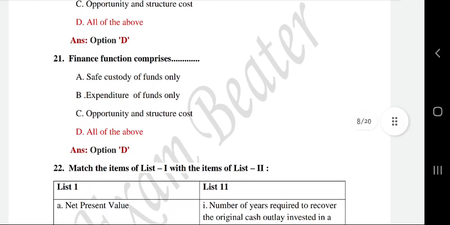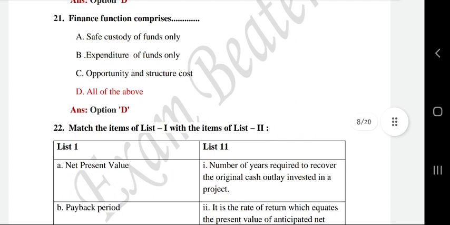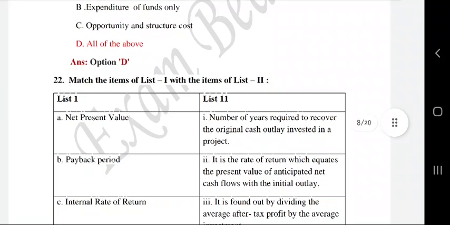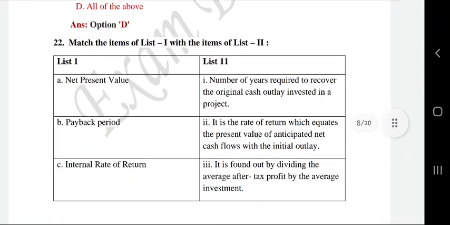Then question number 21, finance function comprises. Option D is the answer. It includes safe custody of funds only and the expenditure of funds and opportunity and structure cost. Next, there is a question, match the following.